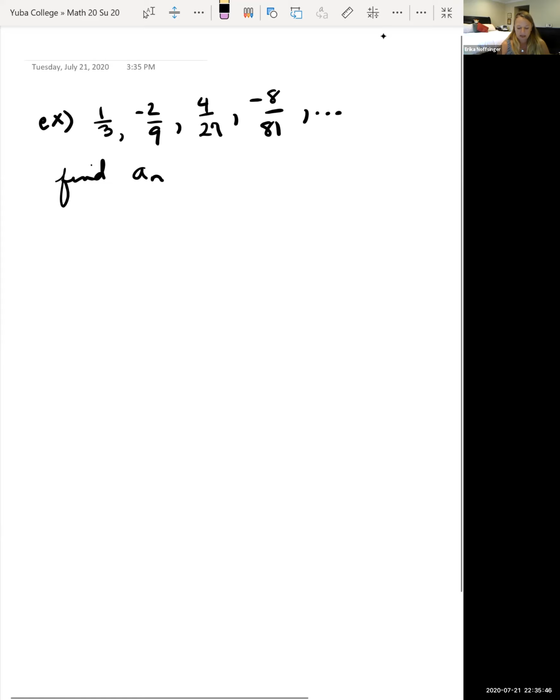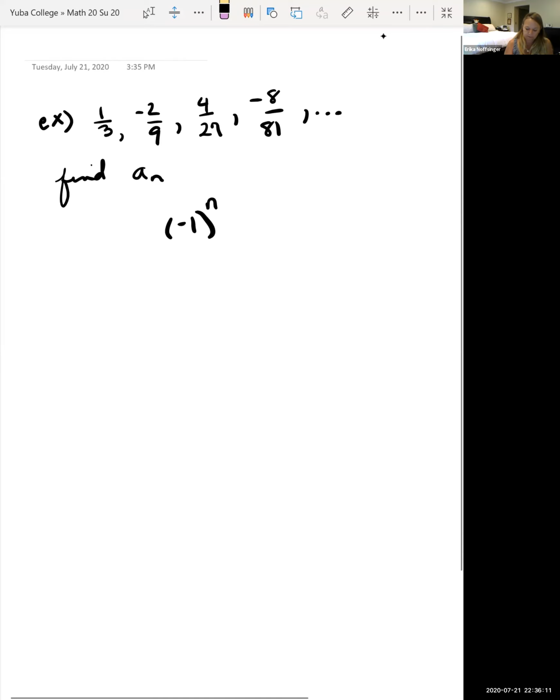Okay, so I'm looking at the numerator, seeing if I can see any patterns. Before I do that, I notice I have positive, negative, positive, negative, positive, negative. We talked about alternating signs, and we could get that if we have -1 raised to the nth power. Sometimes we had to add 1 or subtract 1 here, depending on what we wanted to do, to make sure that we got the correct sign.